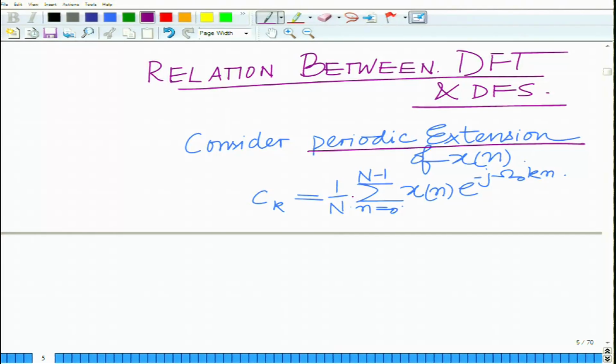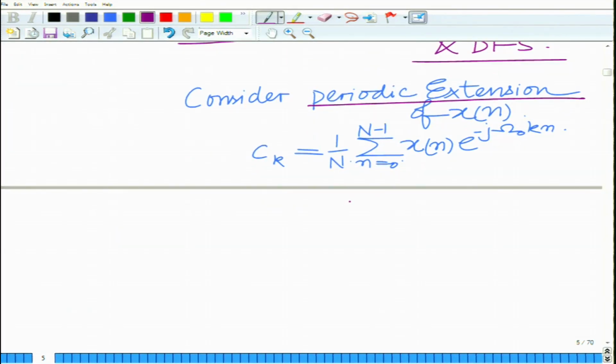So, it becomes a periodic sequence, and then one can consider the DFS of this periodic extension of x n, and let c k denote its DFS coefficient. Then you can readily see that N c k equals summation n equals 0 to N minus 1 x n e raised to minus j omega naught k n.